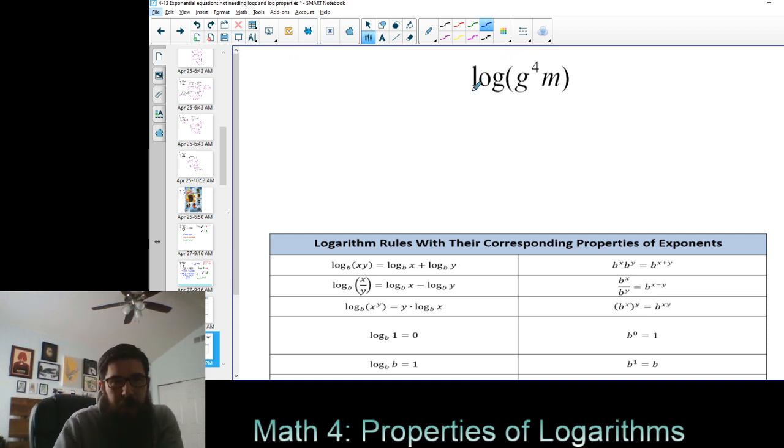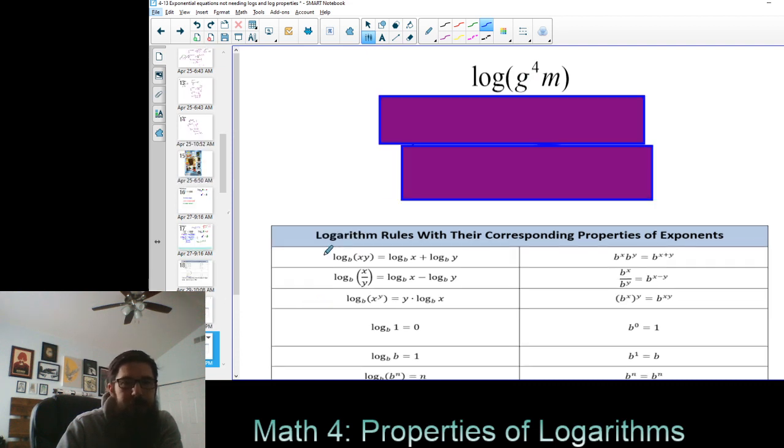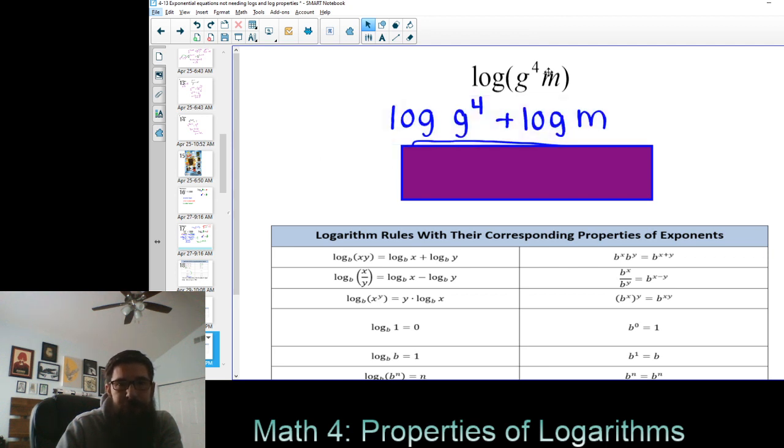So this is log of g to the 4th times m. I'm going to do this guy right here first because I have multiplication of 2 pieces. So that's going to split out into addition. Then I'm going to use this guy because that 4 is going to go to this g afterward. Let me show you what I mean. If I reveal that first portion, I'm using this first property right here.